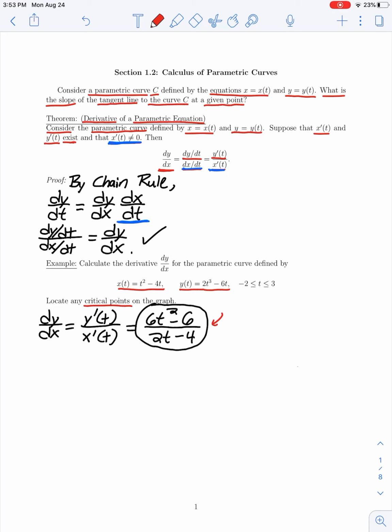So to find our critical points, we're looking for points at which our derivative, dy dx, is 0, or where our derivative dy dx is undefined.